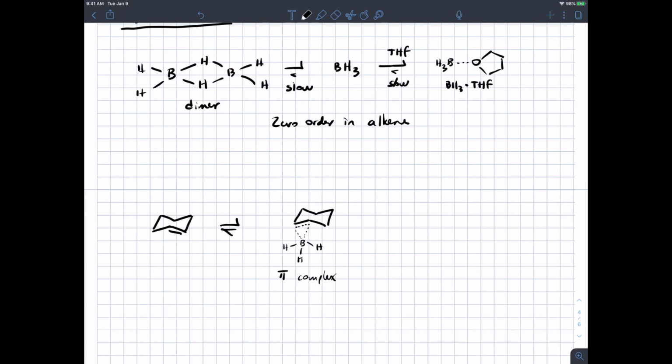And you know how to push arrows for hydroboration, so I'll just show you the syn addition product. But it's thought that you take the electrons from the olefin and form a full bond here at the same time as you're delivering the hydride.